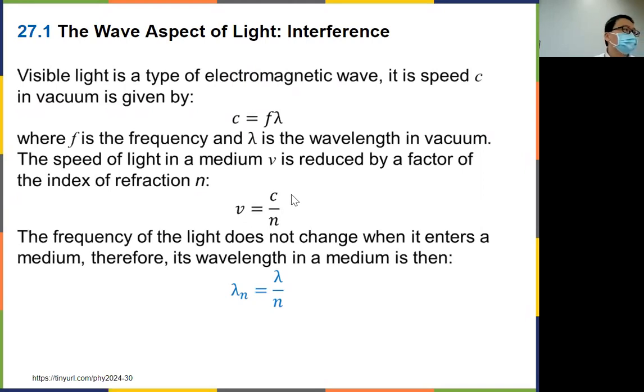So v is equal to its speed in vacuum c divided by n. When light enters the medium, its speed is reduced because the wavelength is reduced, while the frequency remains the same. The wavelength is then shorter than in vacuum, equal to lambda divided by n.